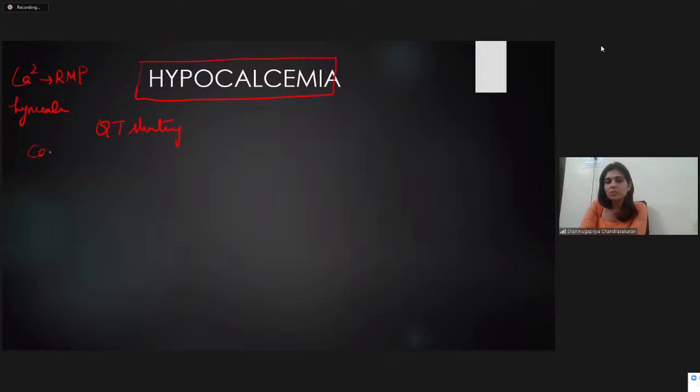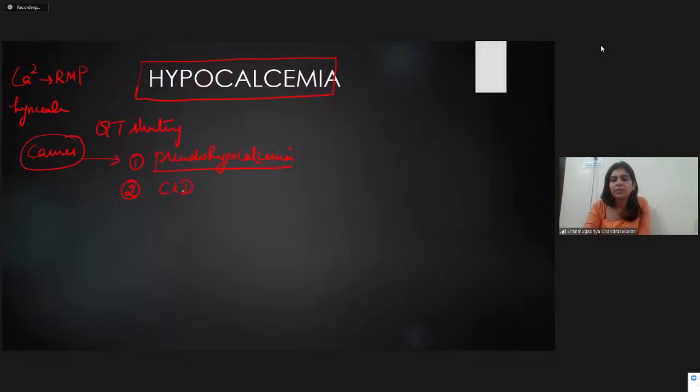Now, what are the causes of hypocalcemia? The most common cause of hypocalcemia is pseudo-hypocalcemia when total calcium is estimated. So if total calcium is estimated and it is low, please estimate albumin. If you see albumin levels to be low, do a correction and then give the corrected value. So that's the most common cause of hypocalcemia. And the second most common cause of hypocalcemia is chronic kidney disease.